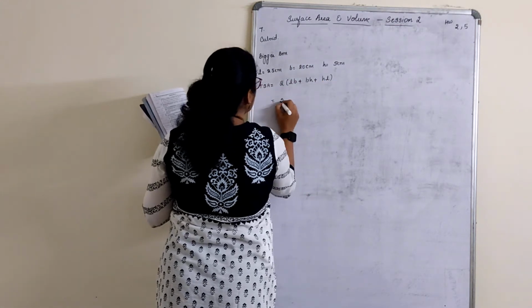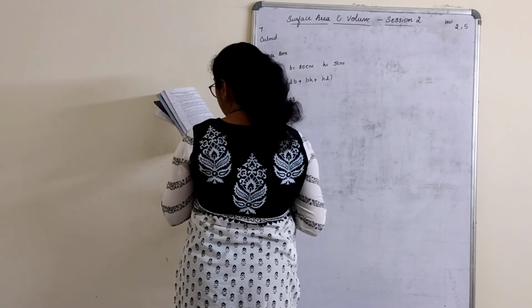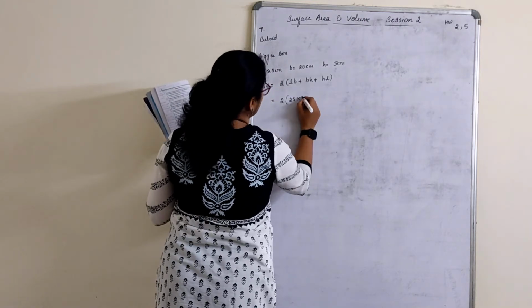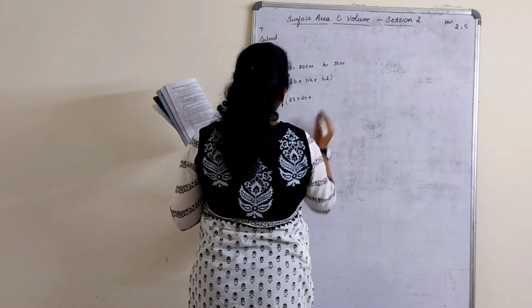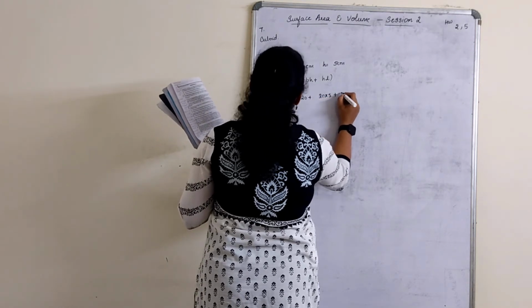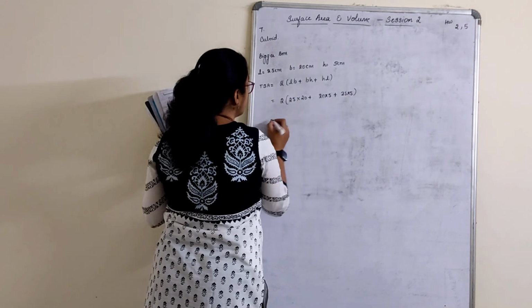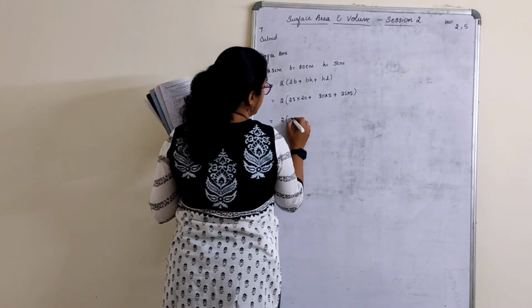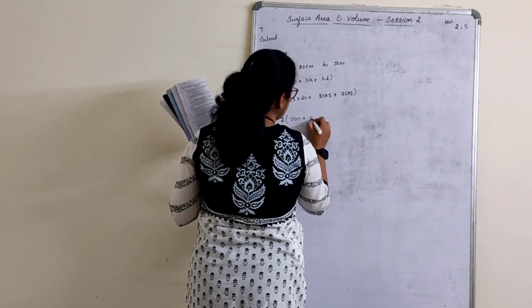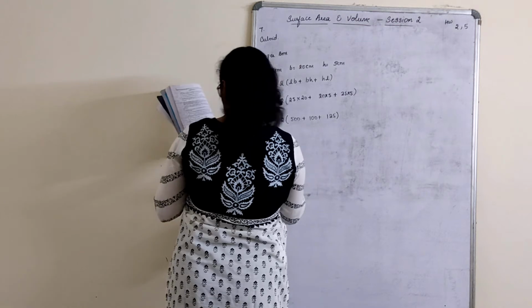So 2 of 25 into 20 plus 20 into 5 plus 25 into 5. 25 into 20 is 500, 20 into 5 is 100, 25 5s are 125.